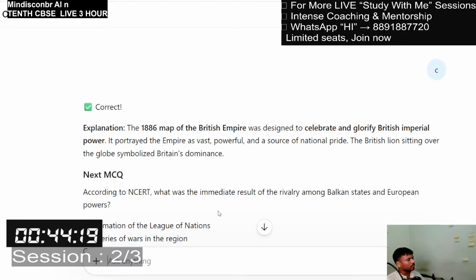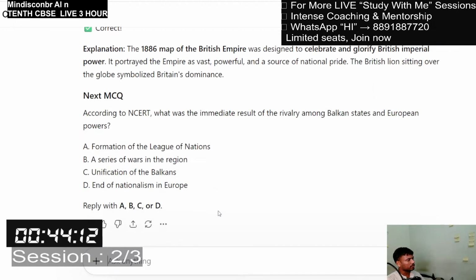According to NCERT, what was the immediate result of the rivalry among Balkan states and European powers? Formation of the League of Nations, a series of wars in the region, unification of the Balkans, end of nationalism in Europe.